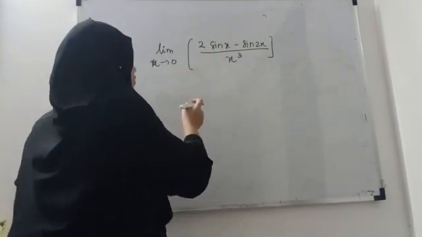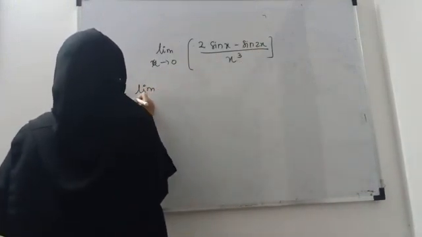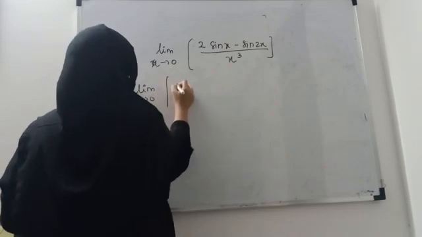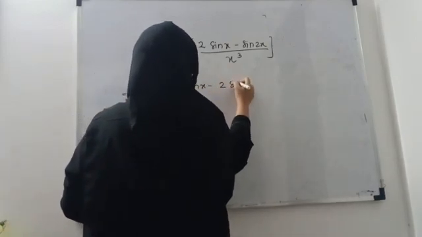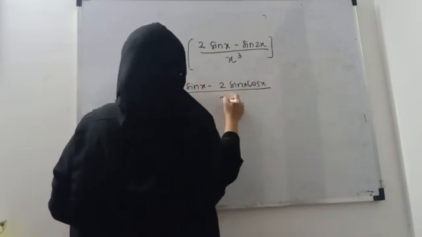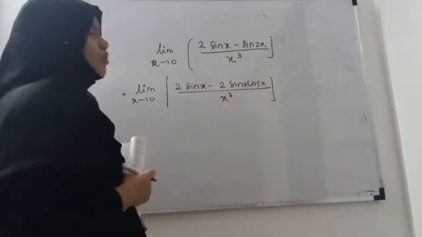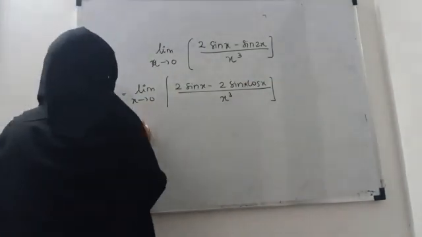So what we will do, first of all we will apply the formula for sin 2x, which is 2 times sin x cos x, right? Now you can see 2 sin x is common between them, so we'll take it out.